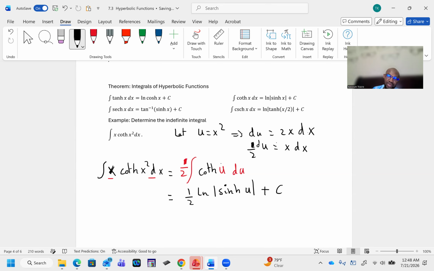But since u is what, x squared, so my final answer would be 1/2 ln absolute value of hyperbolic sine of x squared plus c. Of course, hyperbolic sine of x squared is greater than or equal to 0.